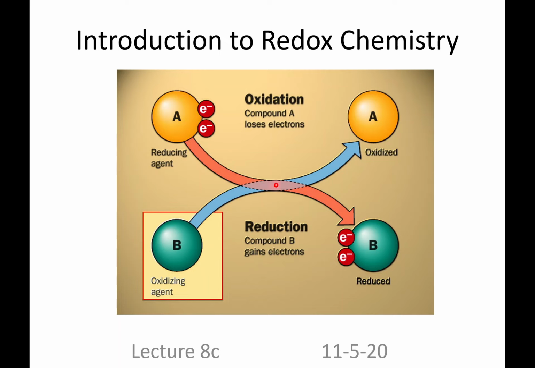And that's the other point I wanted to make, that you don't have something losing electrons to nothing, right? They don't just go off into solution. Something else has to take them, okay? And so you can't have oxidation without something else being reduced.